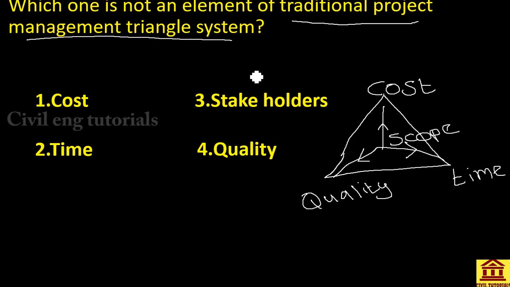So in this question, which one is not an element of this triangular system? We have cost, we have quality, and we also have time. Scope is a basis for all these 3 elements. The stakeholders are not mentioned in the triangular system.